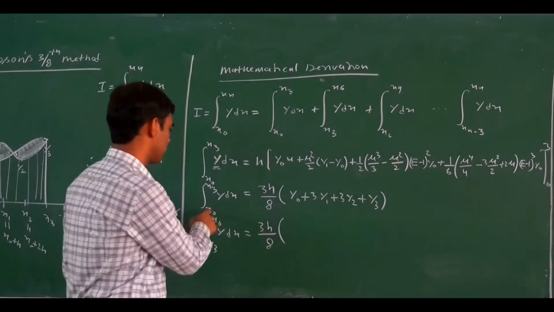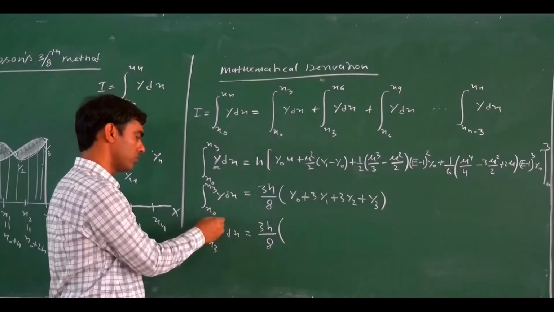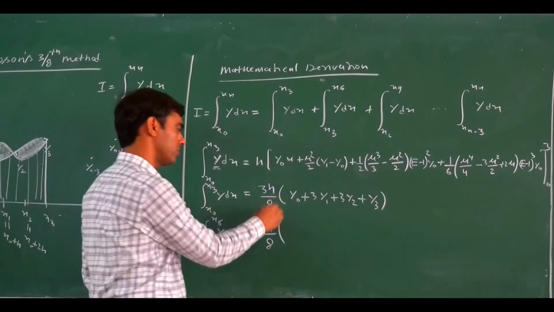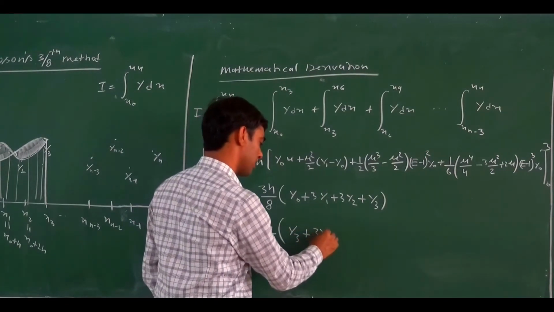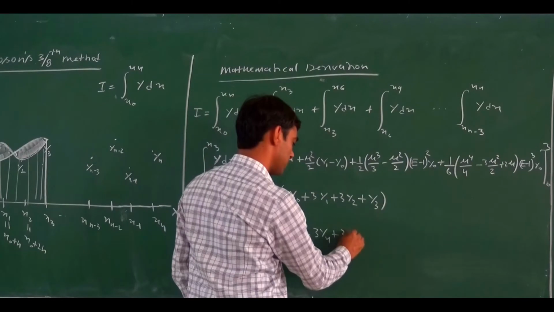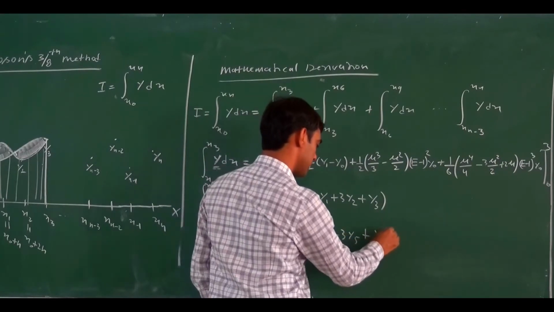Now this one starts from 0 to 3, this one starts from 3 to 6. So in place of y0 we write y3 plus 3y4 plus 3y5 plus y6.